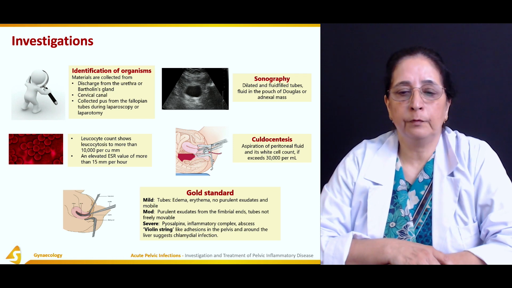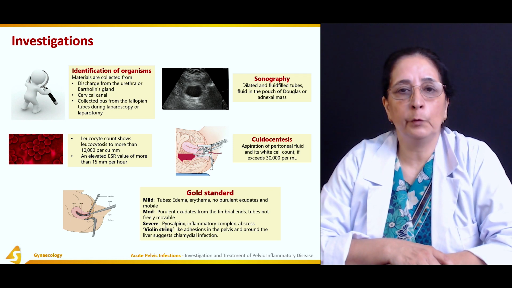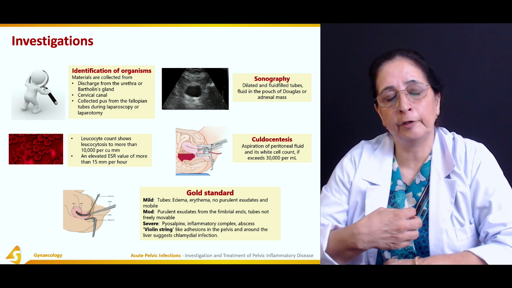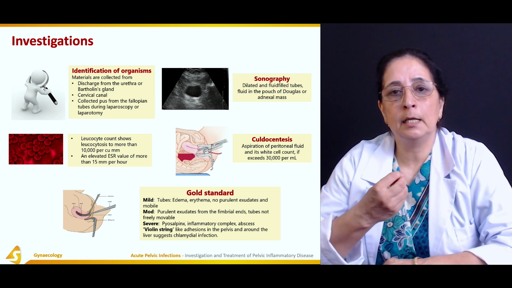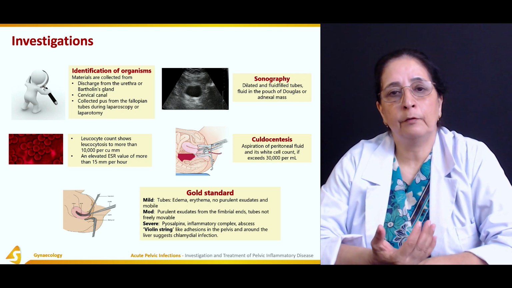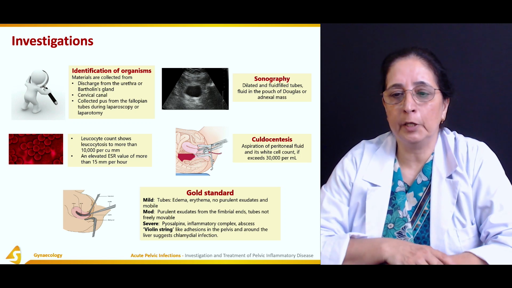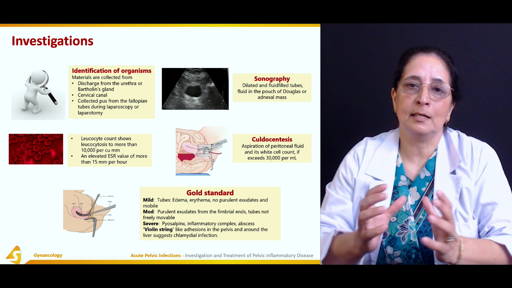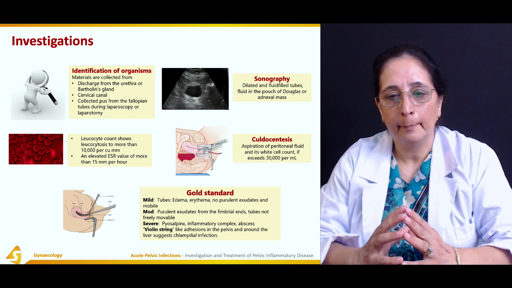In the moderate form, there is purulent exudate, which is an excretion that has pus in it, present from the ends of the fallopian tubes, and they are not mobile, they are fixed, and have scar tissue present.